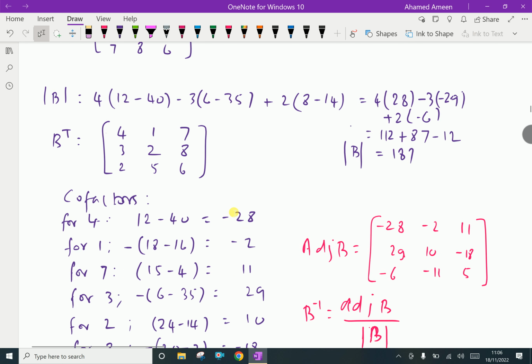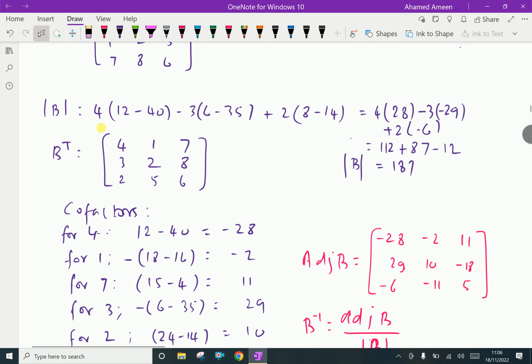Now we have to find the cofactors of each element of B transpose. The cofactor of 4 is first row first column, and this is the minor.